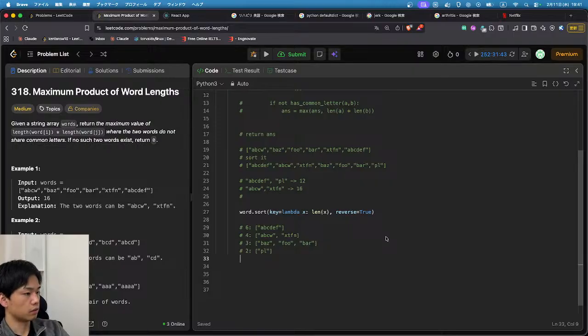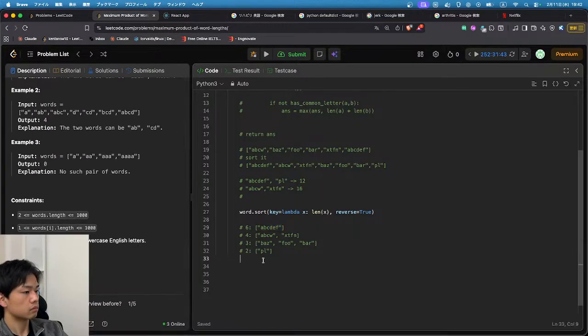A, B, C, D, E, F. So when we check these words, we have to check all of the letters A, B, C, D, E, F. How to check it?